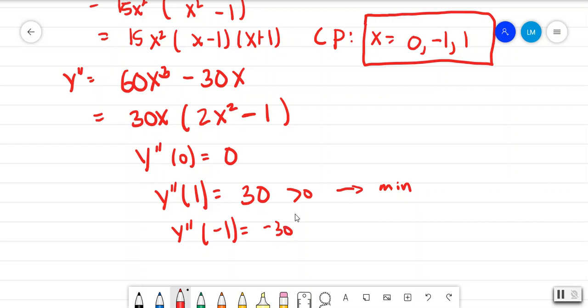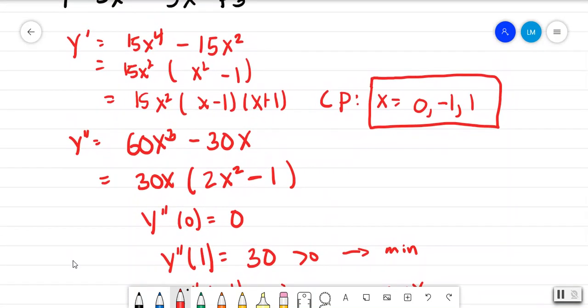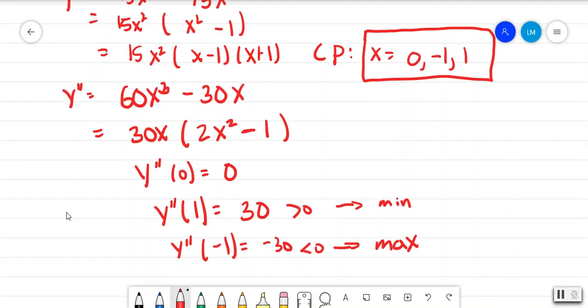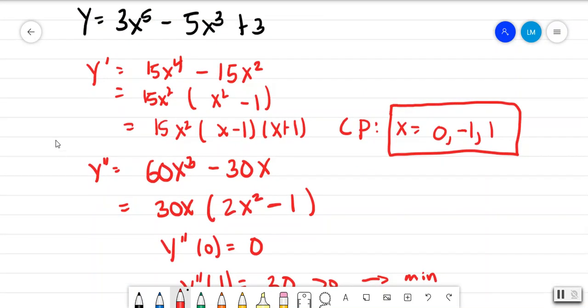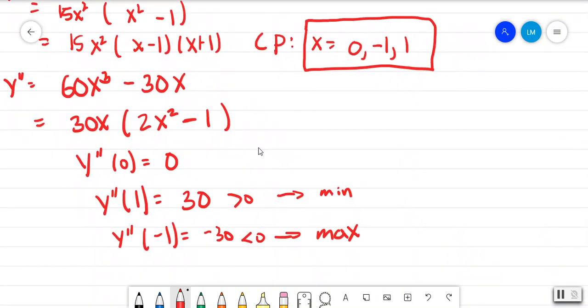So that tells me this is less than 0, which means that's going to be a maximum. Basically we figured out that 0 is probably nothing because it technically is an inflection point. So 0 comma 3 is really not going to be anything.